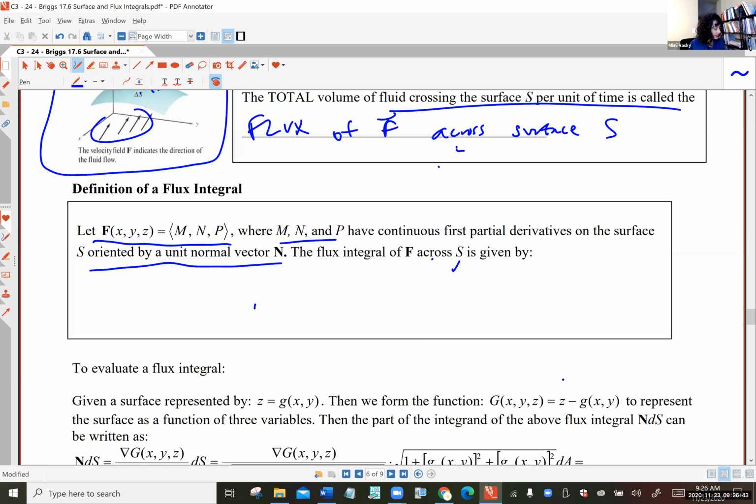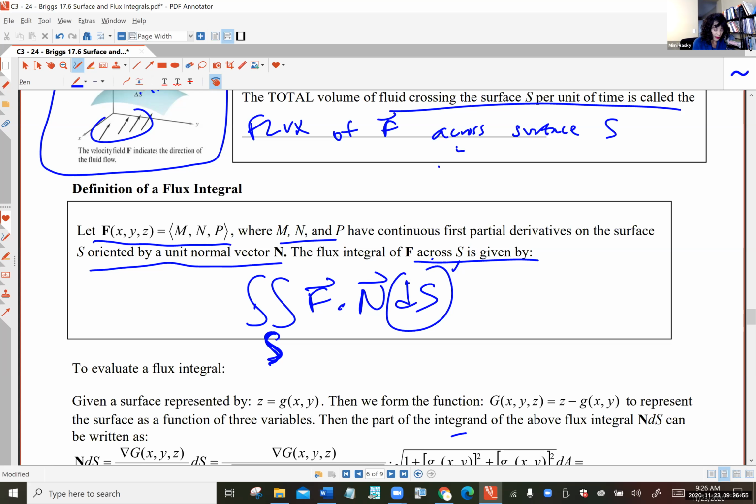The flux integral of F across S is given by a double integral, and you're going to put a big S here because it is a surface integral, and you're going to take a dot product of F and N, and then dS. And dS doesn't say integrate with respect to S. This is the surface area element, that big nasty radical. Now, good news. When you're doing one of these flux integrals, you actually don't even have to calculate that big radical.